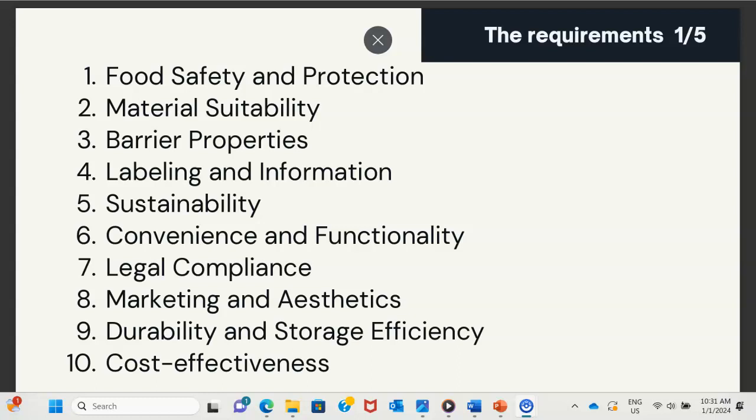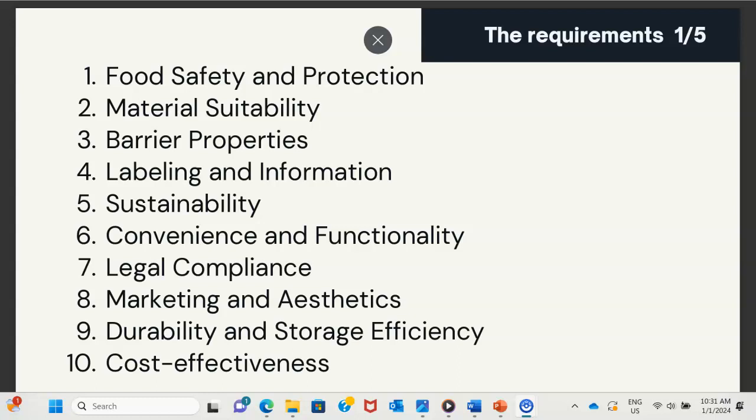The ninth requirement is the durability and storage efficiency. Packaging should be strong enough to withstand the rigors of shipping and handling, and should be designed to maximize storage efficiency, both in terms of logistics and on the retail shelves, right? And the last but not least, and usually this is the case as well, the packaging should be cost effective.